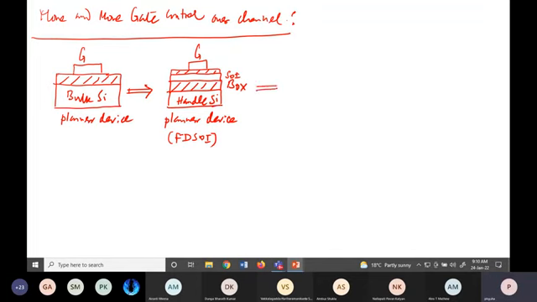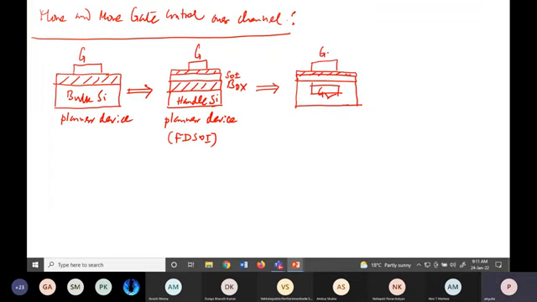Then there is further improvement. We can use a double gate structure. So we can have silicon, there is one gate here, gate 2, channel and oxide, and there may be gate 1 here.